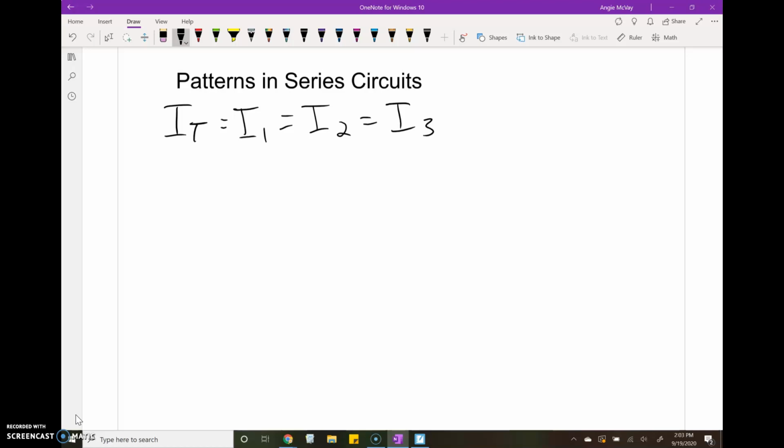The second thing you probably noticed is that in a circuit, the total voltage, right? The total voltage is the power supply voltage. The total voltage in a 1 light bulb circuit is equal to the voltage across that 1 light bulb, right?